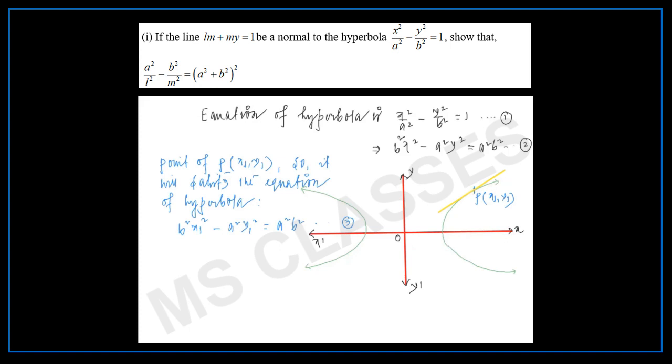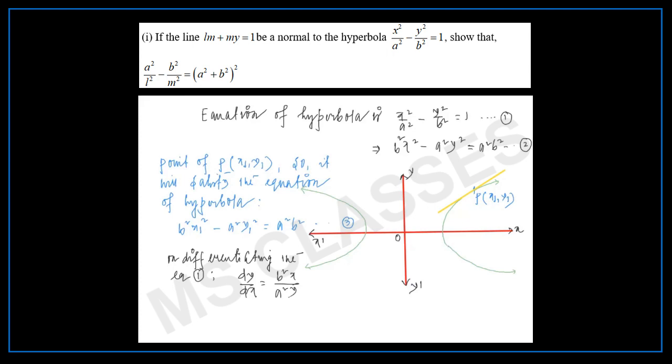On differentiating equation 1, better to think that we are differentiating the upper part of the curve represented by equation 1, we get d/dx of y equal to b square x by a square y.